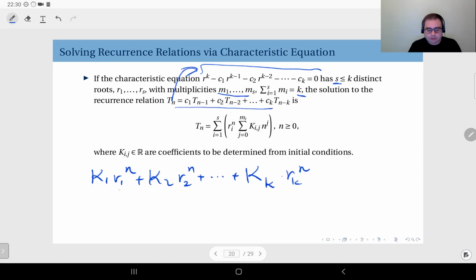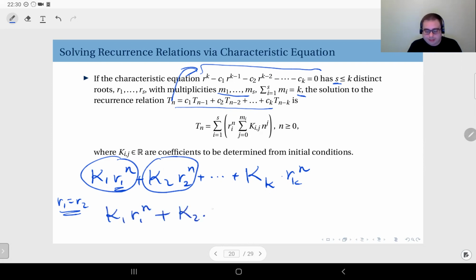Now, if r1 is a repeated root, for instance, let's say r1 equals r2, in this case these two would be the same term, but if you have a multiplicity of 2, you would have k1 times r1 to the n plus k2 times n times r1 (r1 and r2 being the same) to the power n, plus k3 times r3 to the n, and so on.